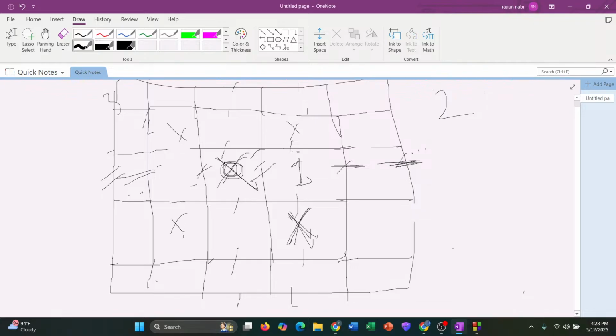If we calculate the count, it is 1, 2, 1, 2, 3, 4, which is equal to 2 into 4 into 2 into 4, so 4 into 4 into 3 into 3. That is 64.